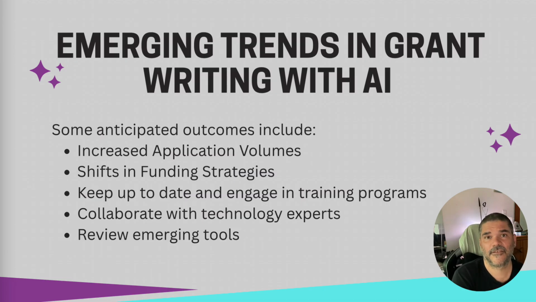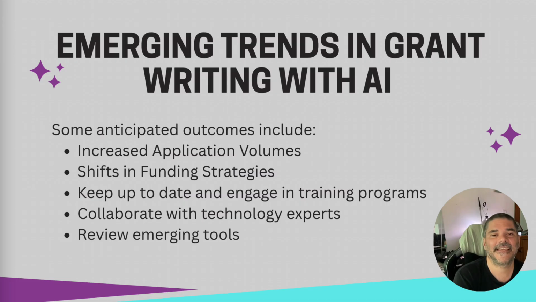As a result of more applications being uploaded to apply for the money and the funding, you're going to see shifts in funding strategies from the funding organizations themselves. They're going to change their strategies. They're going to shift the way that they request information, or their policies on AI writing, for example.